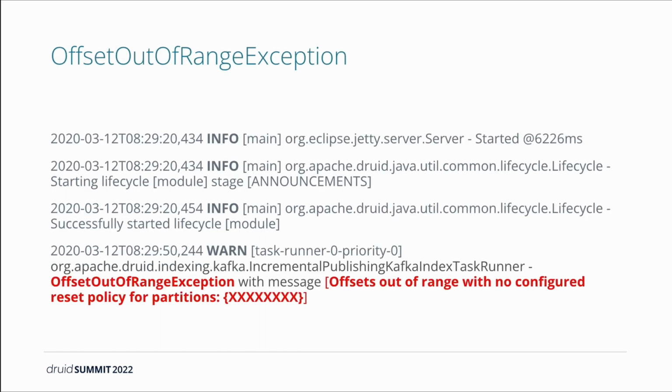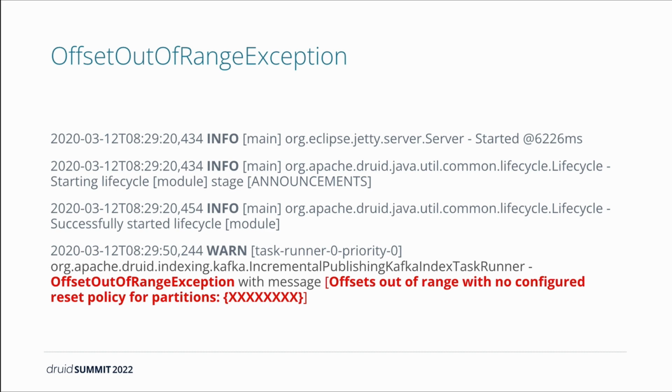Offset out of range exception. It's going to look something like this, and it'll be in your task logs. This comes up when your Kafka ingestion is succeeding, but no data is being ingested.